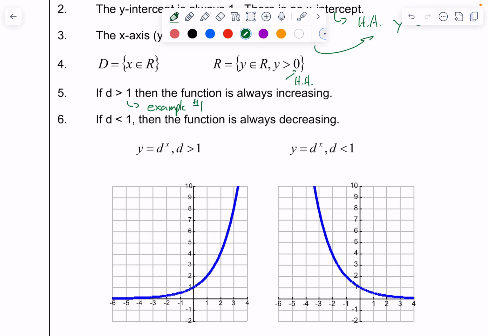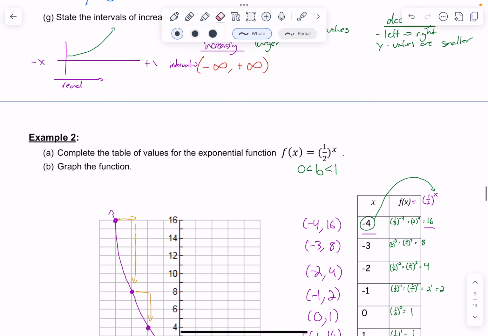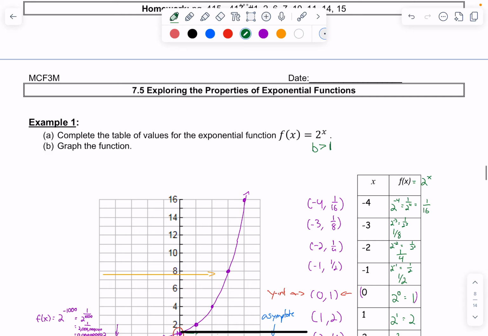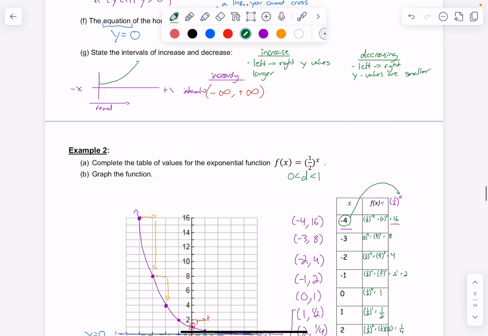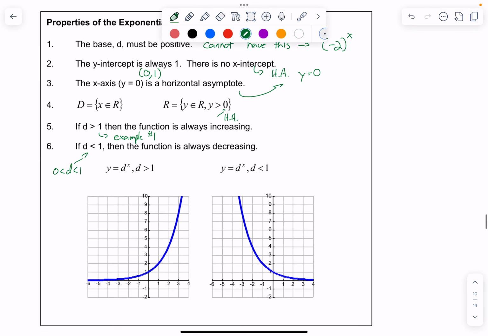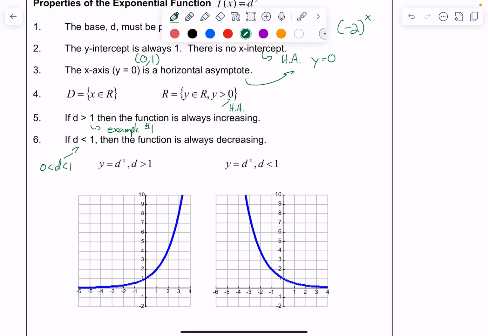When d is between 0 and 1, and let's fix our note back up here because I wrote b, I should have written d. Again, they change the letters sometimes. So if 0 < d < 1, then y equals d to the x is decreasing, right? This is like example 2. And the other is like example 1. And again, this should read right here, 0 < d < 1.